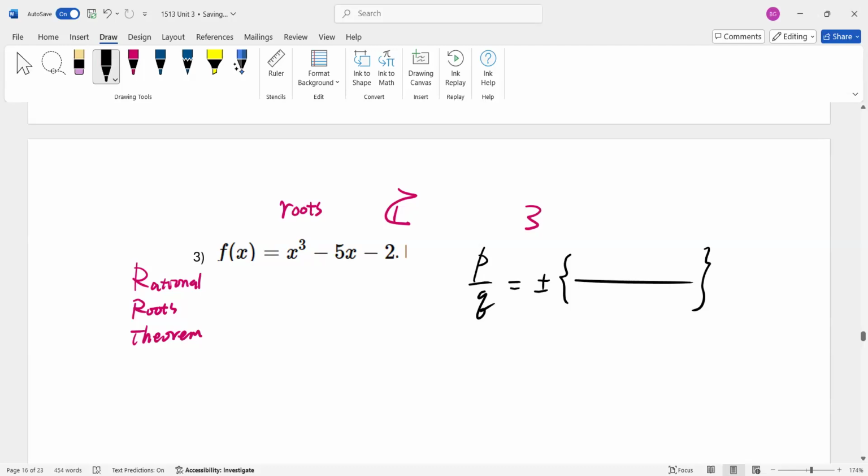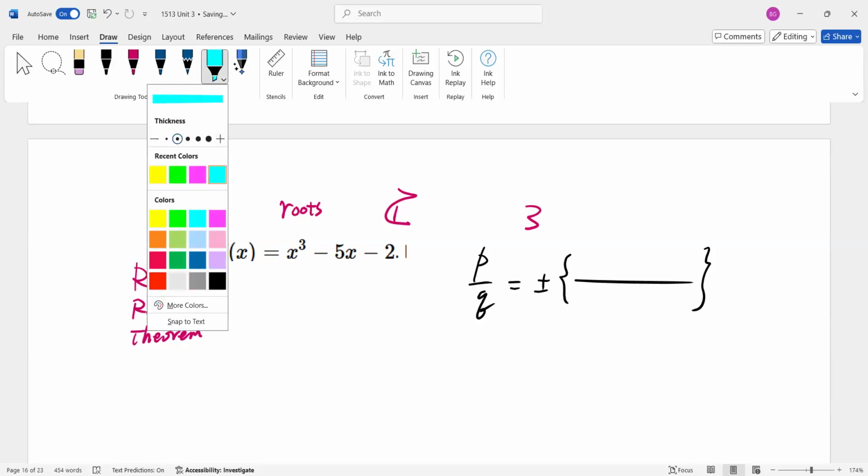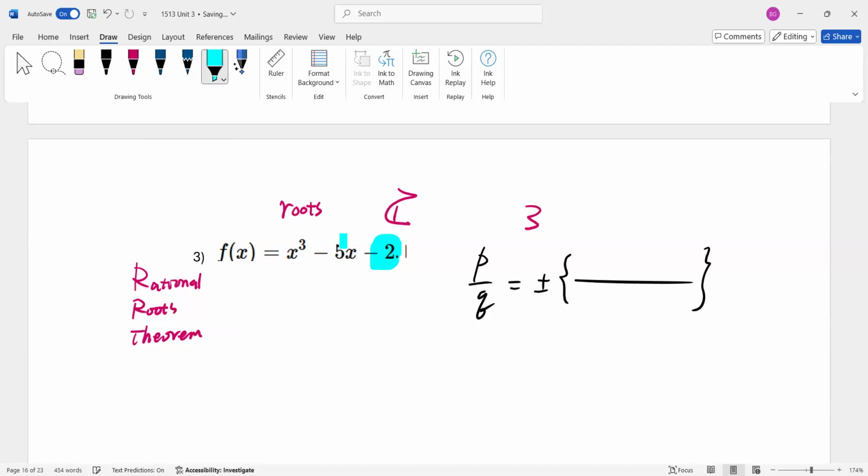The numerator is going to be the factors of the last term, and the denominator is going to be the factors of the leading term. The last term is 2. I know it's -2, just ignore the negative sign. 2 is actually a prime number, so the factors are 1, 2.